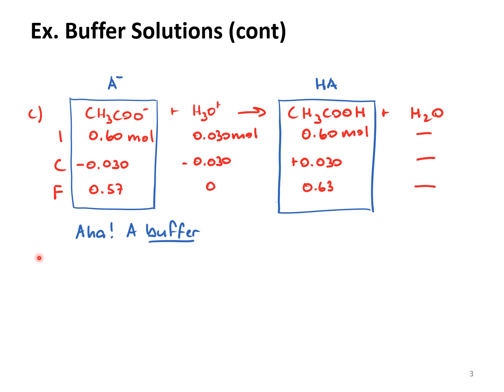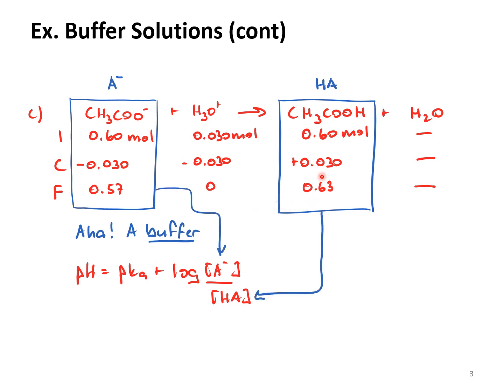And this is useful because to calculate the pH of a buffer, all we need is the Henderson-Hasselbalch equation, which states that pH equals pKa plus log of A minus divided by HA. So we can just substitute the values into our Henderson-Hasselbalch equation, and we'll see here that the number of moles of HA is 0.63, which would go here in the denominator, and the number of moles of its conjugate base is 0.57 moles, which again we can put here in our equation.